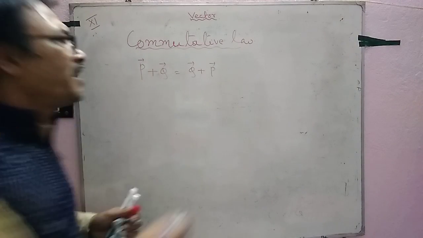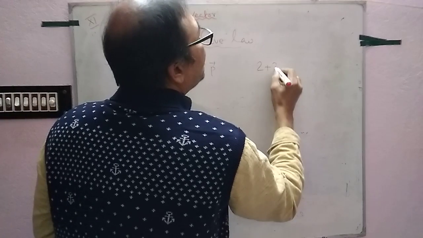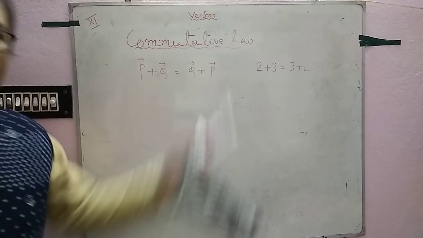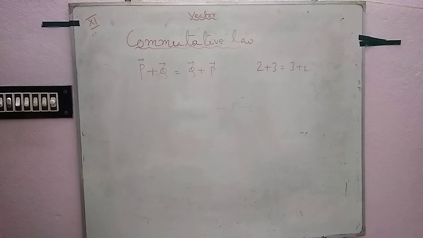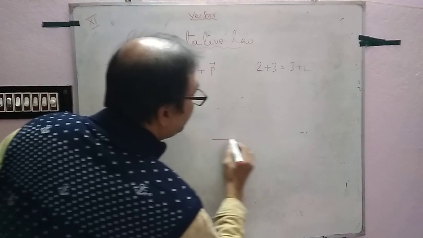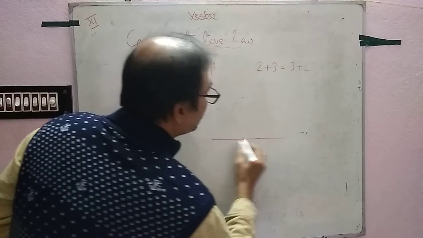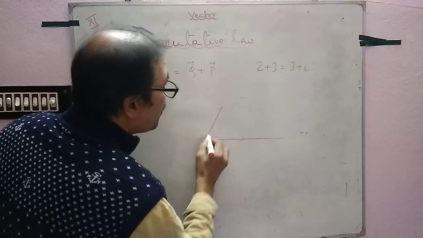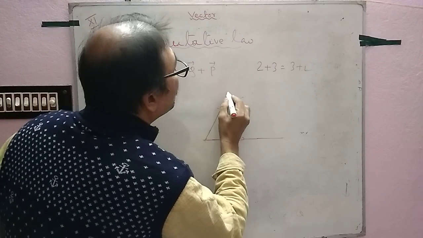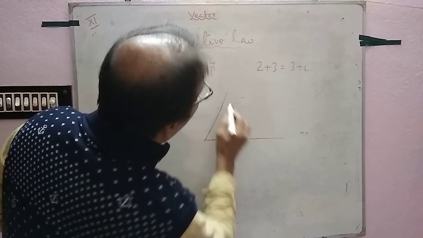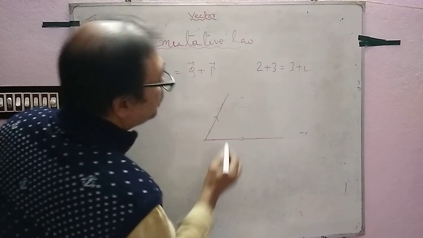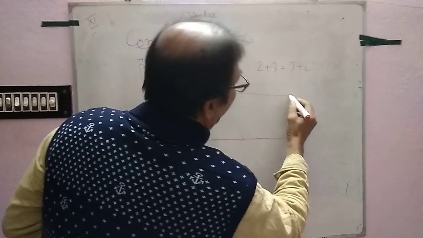আমরা স্কেলার কোয়ান্টিটির ক্ষেত্রে তো জানি 2 plus 3 equal to 3 plus 2. কিন্তু in case of vector, this law is applicable. This is the commutative law. How we can prove it? আমরা প্রুভ করব কি করে? দেখো, this is a parallelogram.